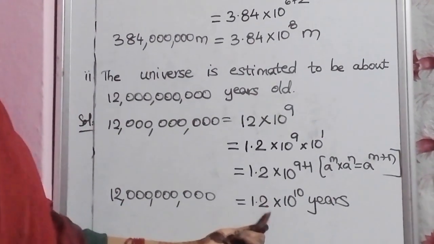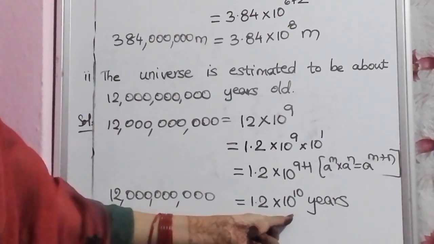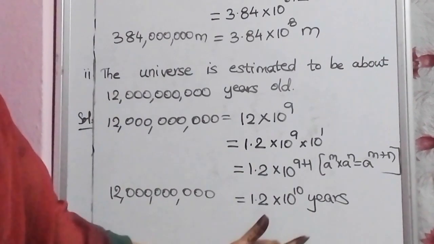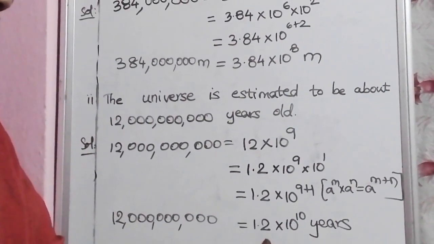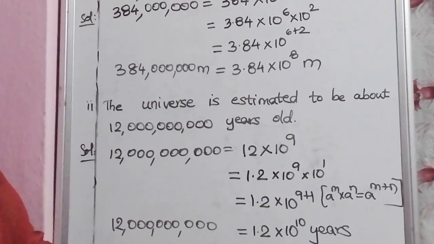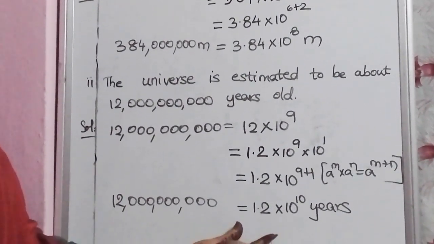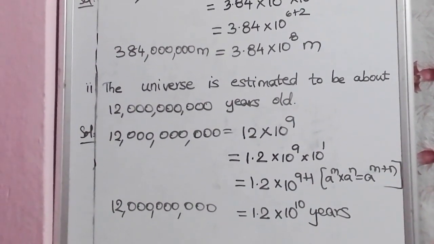Whereas when you look at this exponential form, you are able to understand and read it easily. So exponents are used to express large numbers in standard form so that it is easy for us to understand and read. Okay, copy this in your class workbooks, children.